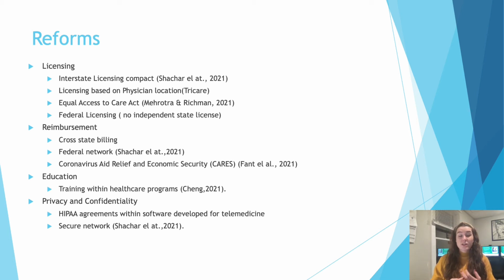Maybe by establishing a federal network of reimbursement, so there aren't just state networks. Also, the Coronavirus Aid, Relief, and Economic Security Act, the CARES Act, during the COVID-19 pandemic, gave about $2 million in funding to providers to connect their services by telehealth to patients and to make everything more accessible to patients in their homes.